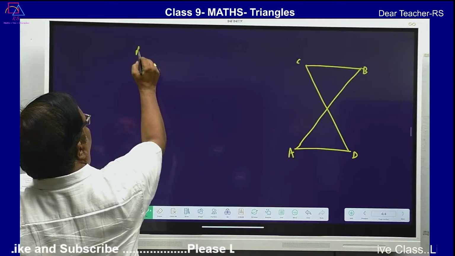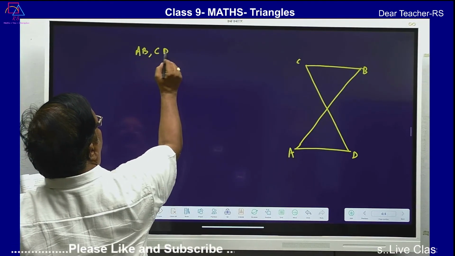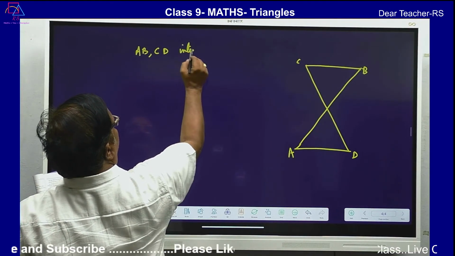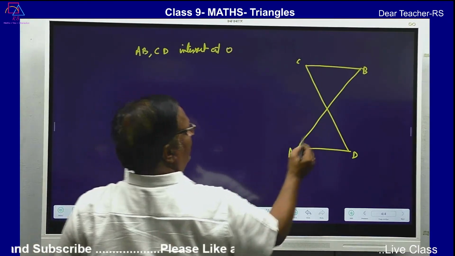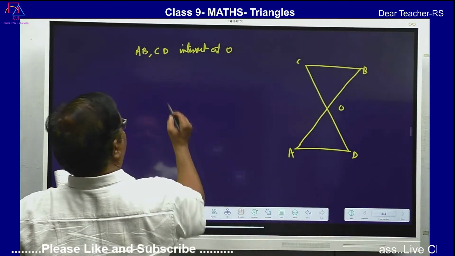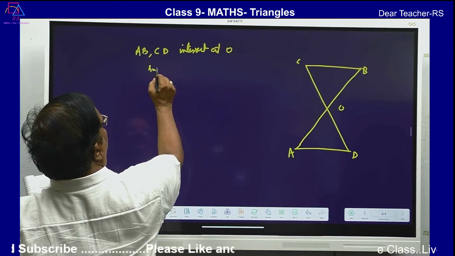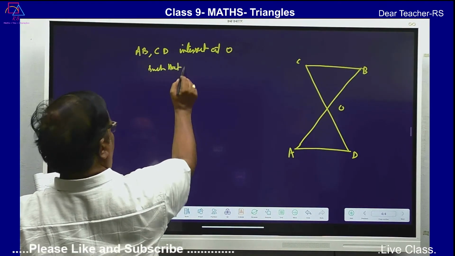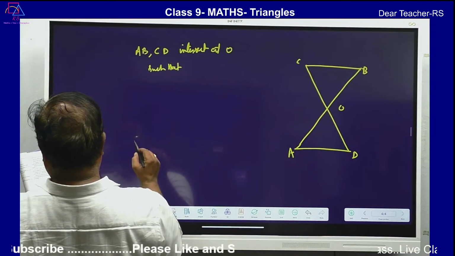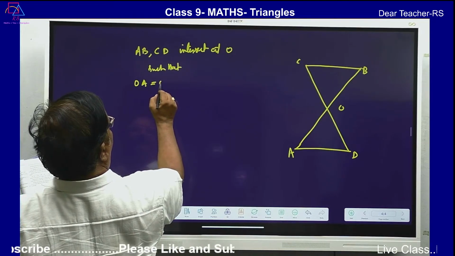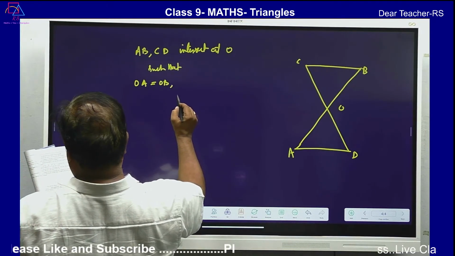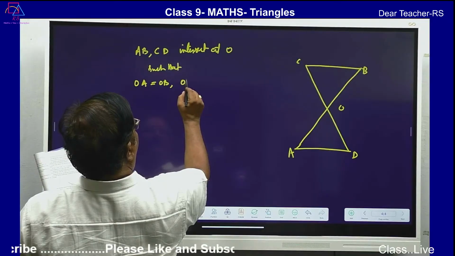AB and CD intersect at O such that OA is equal to OB and OD is equal to OC.